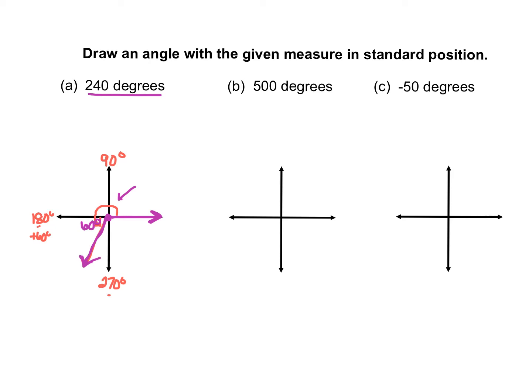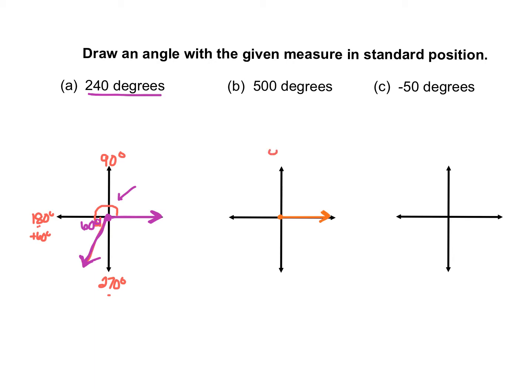Now if we look at the second example, this one might look a little strange because it wants us to draw a 500 degree angle, which seems like it might not be possible, but it actually is. We're going to start here again with the vertex and initial side. What you need to know about drawing these larger angles is that you have 360 degrees in a circle.